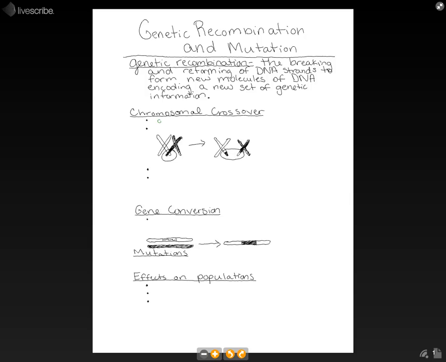And this is going to occur during our mitosis or meiosis, during prophase.